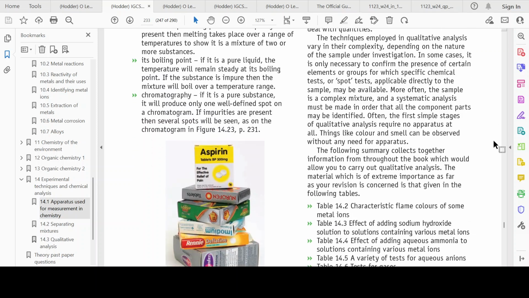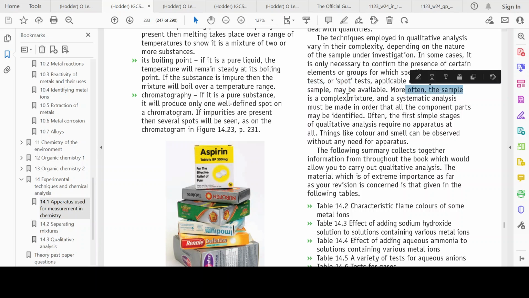The techniques employed in qualitative analysis vary in their complexity depending on the nature of the sample. So sometimes it can be straightforward, sometimes it will require some working. Sometimes it's only necessary to confirm the presence of certain elements or groups for which specific chemical tests or spot tests applicable directly to the sample may be available.